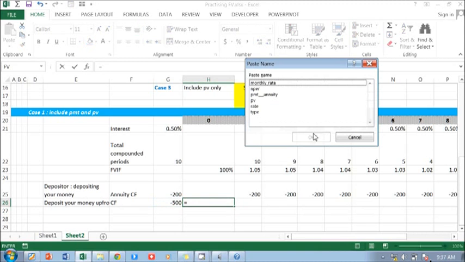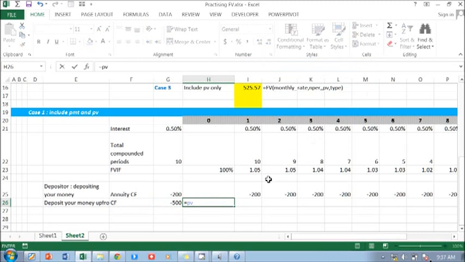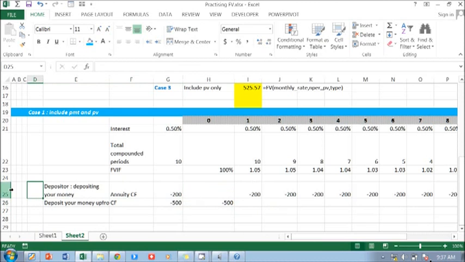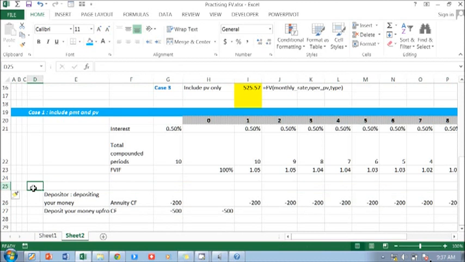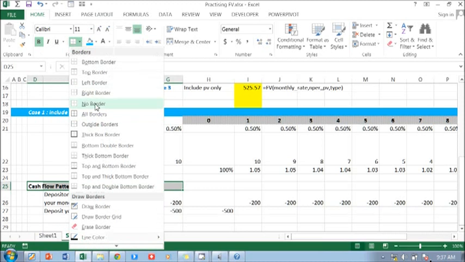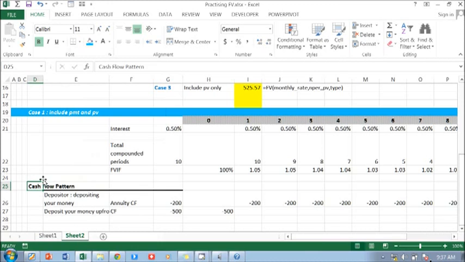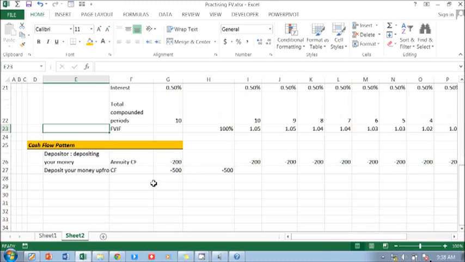So this is your cash flow pattern. Okay, I just put here the cash flow pattern. Right, just a bullet. You can put it a bit fancy. So just put color here if you want. I don't know what color you want to see, and put it here. Okay, so this is the cash flow pattern.